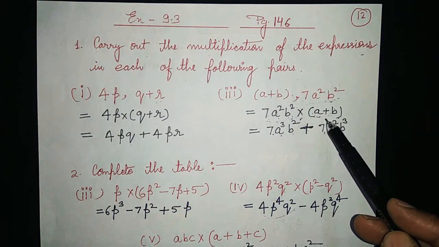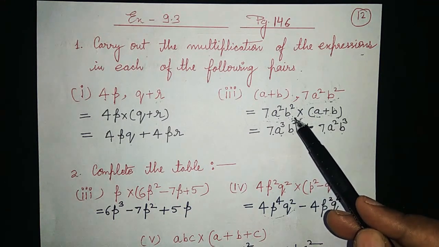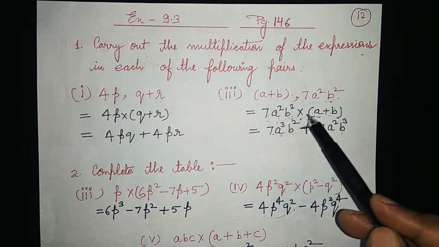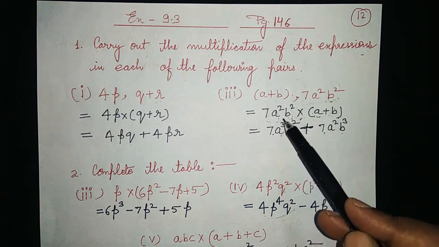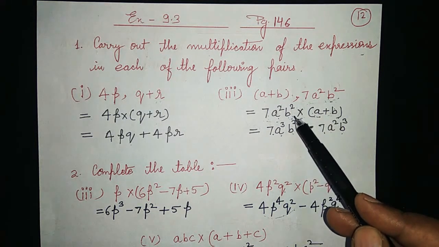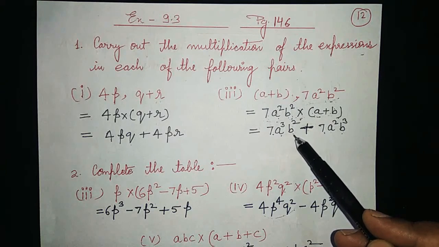And again in this part we will use distributive property of multiplication over addition. Here also 7a square b square, first we will multiply with this a. Okay? Means first term of the binomial. Then 7 into 1, 7. A square into a cube. And this b square we will write.